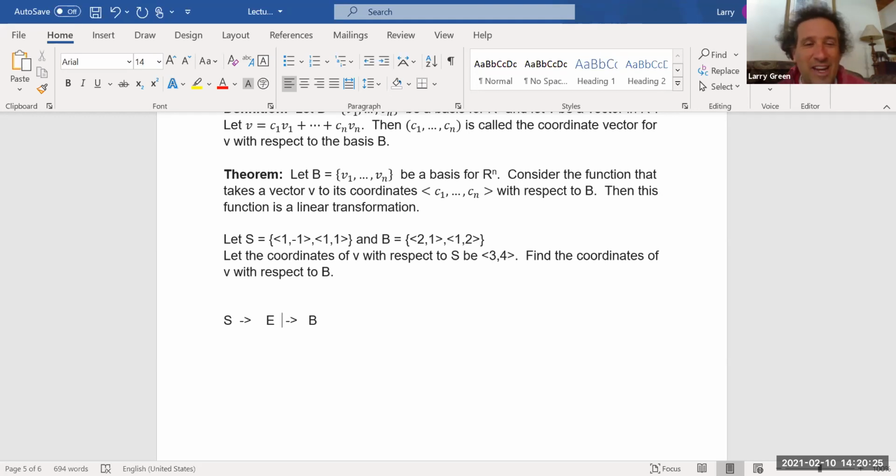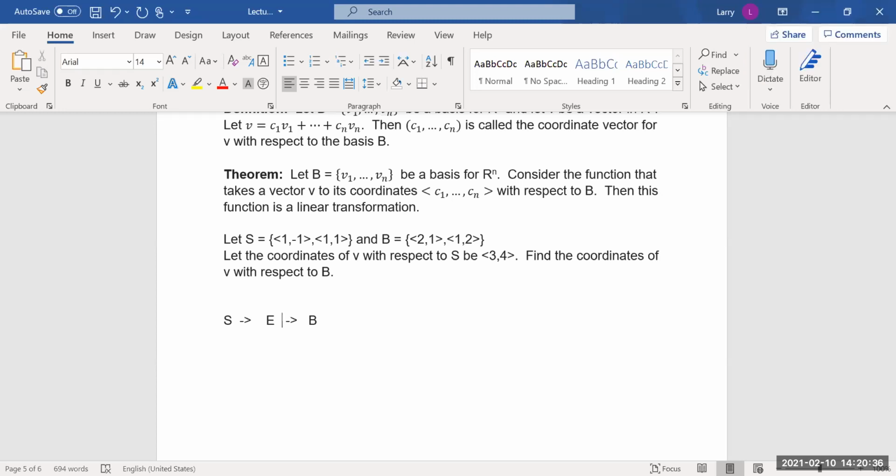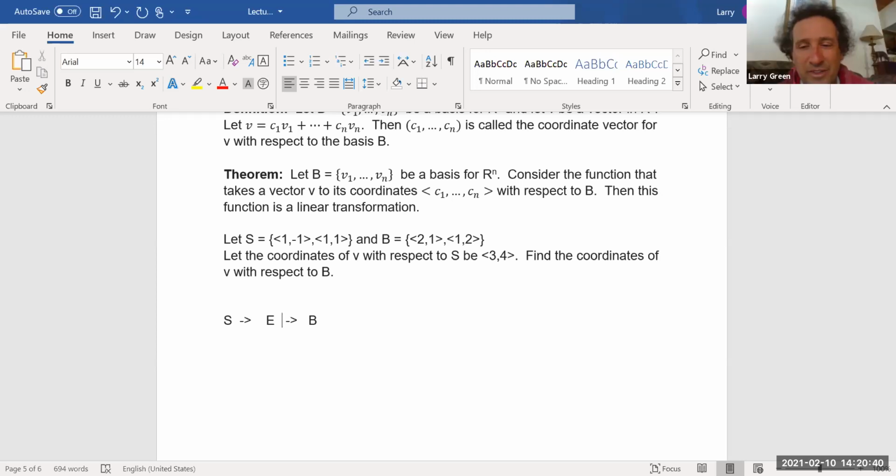And it turns out E also stands for something else. What does E stand for in this class for bases? It's the first letter of what word? Elementary? Yep, elementary basis. So what we're going to do is go from S to E, and then go from E to B. Any questions on that idea?